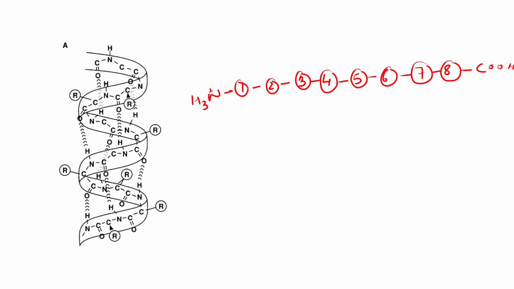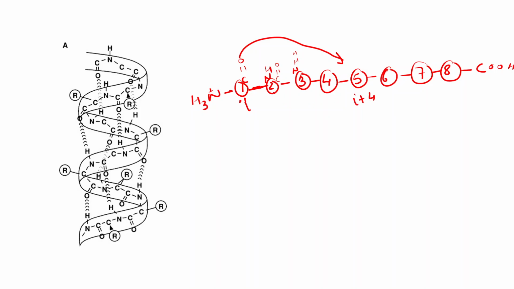The peptide bond is basically made between the C=O and NH of each amino acid. The first hydrogen bond will form between this C=O and the fifth. If this is i, then i+4 means 1 plus 4, that is 5.